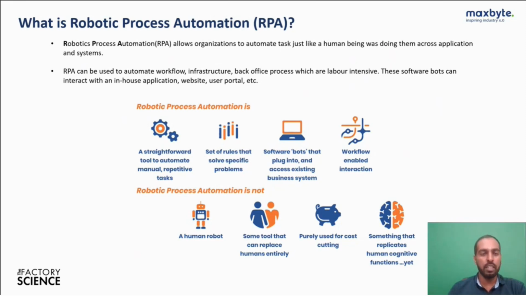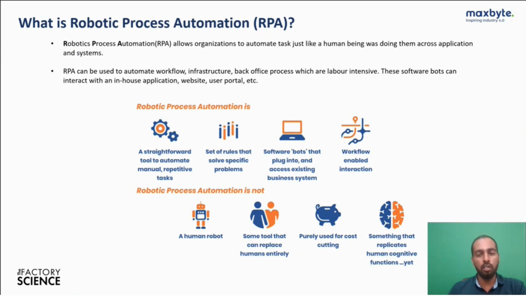These software bots interact with the integrated applications within the organization, websites and user portals, etc. So if you think of RPA, it is a straightforward tool to automate repeated, manual tasks.